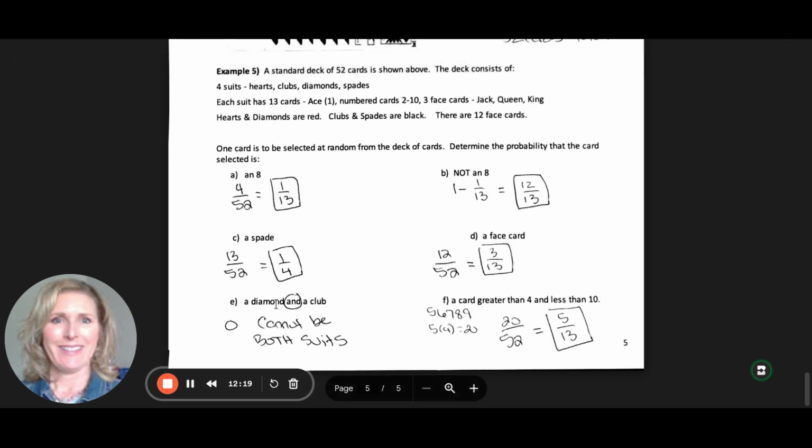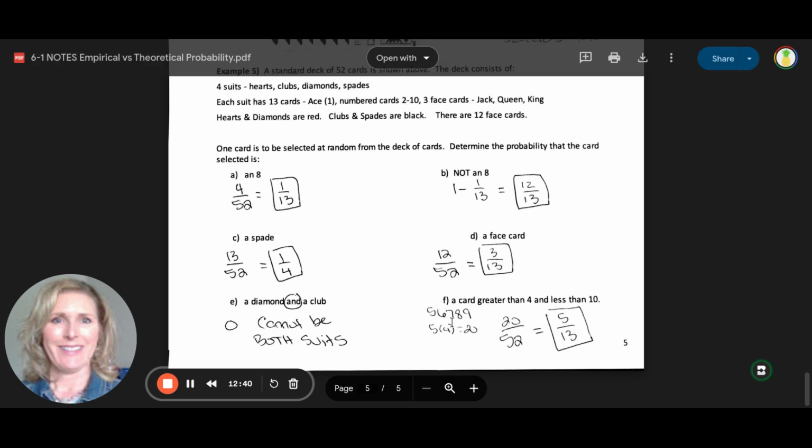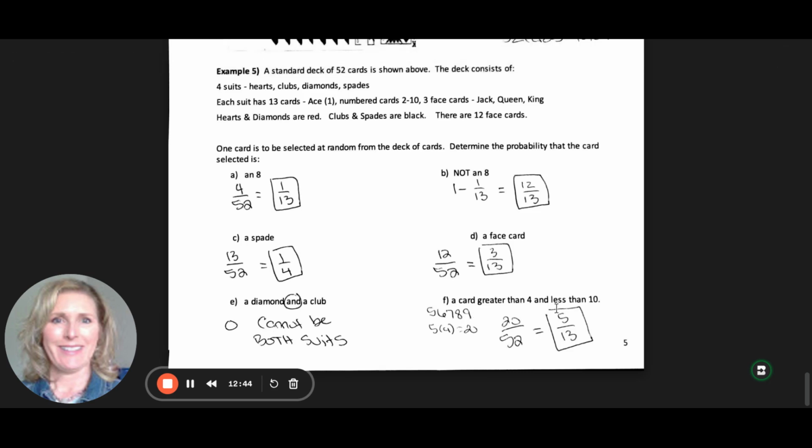What is the probability that I get a diamond and a club? This word "and" means that it has to be both a diamond and a club, but something cannot be 2 suits at once. And so this probability is 0. It cannot be multiple suits. What's the probability of a card greater than 4 and less than 10?